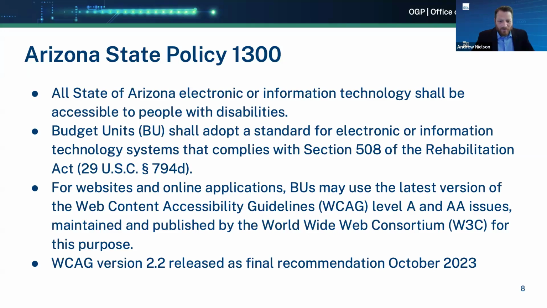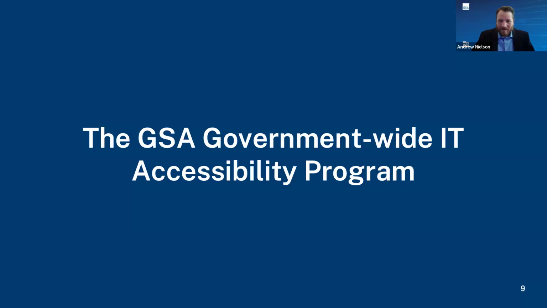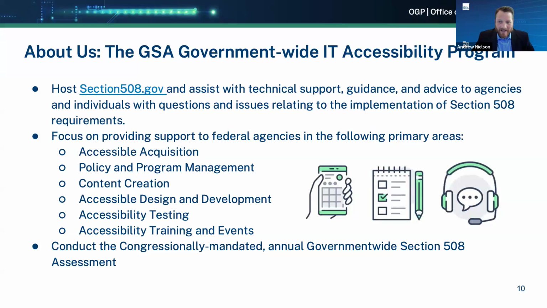So why does it matter, where do I come in, and how can I help you? I mentioned that my organization, my office, we maintain Section508.gov, and while the federal standard is still pinned to Web Content Accessibility Guidelines version 2.0 for web content and for electronic content, we do have a lot of how-tos, how to create a particular type of content, whether on the web or electronic content.